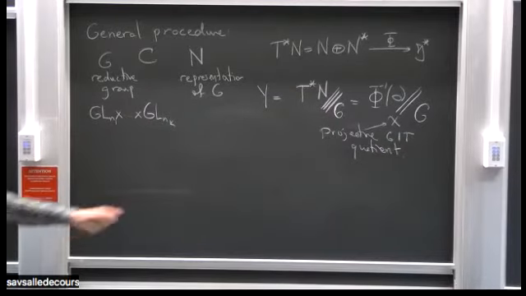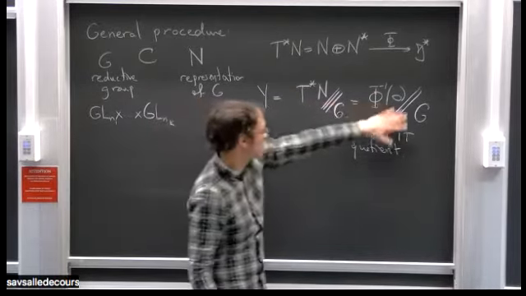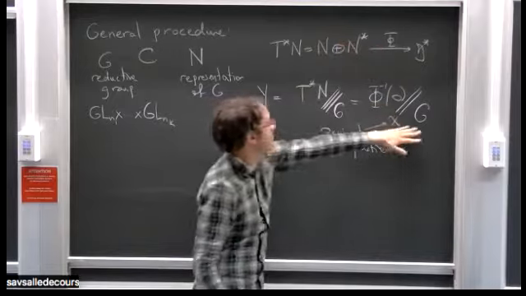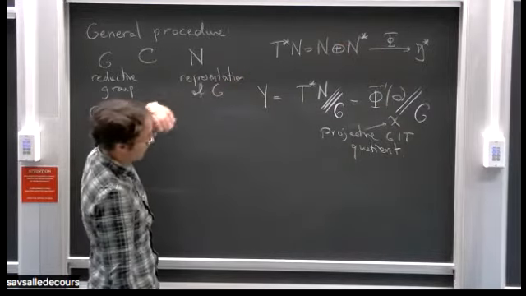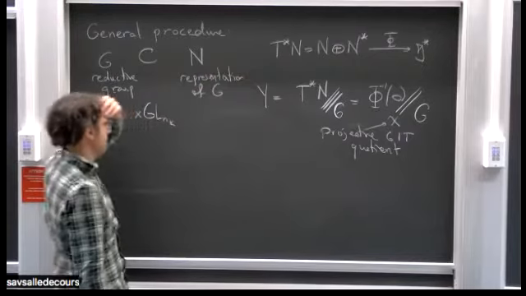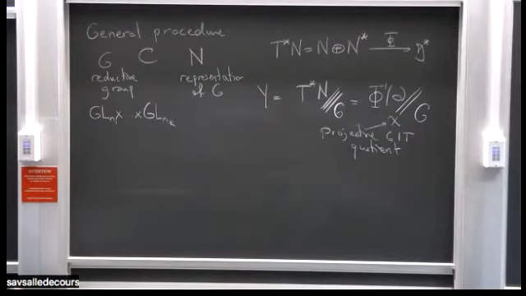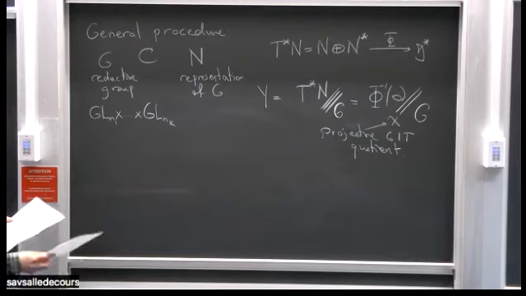It's not too important what this means exactly, but we take a quotient of this zero level of the moment map by the action of G, and it's called the Hamiltonian reduction. Y usually carries a symplectic structure, and sometimes, not usually, but sometimes, this gives a symplectic resolution.